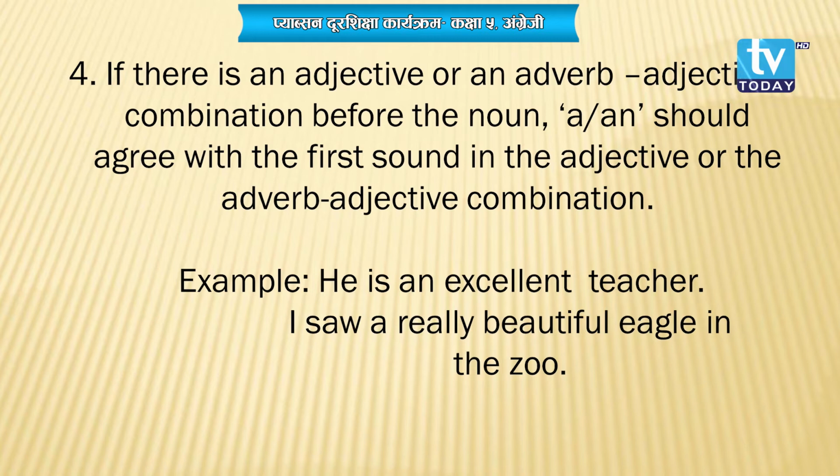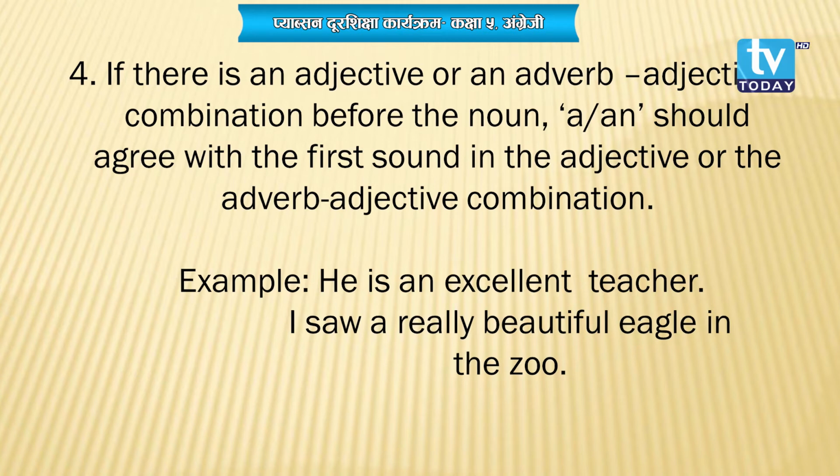He is an excellent teacher. Excellent is an adjective. We don't have any doubt identifying an adjective because we have completed our session on it too. He is an excellent teacher. Excellent gives a vowel sound. The starting letter is also a vowel, but the sound is also like that of a vowel. So we are writing an excellent teacher.